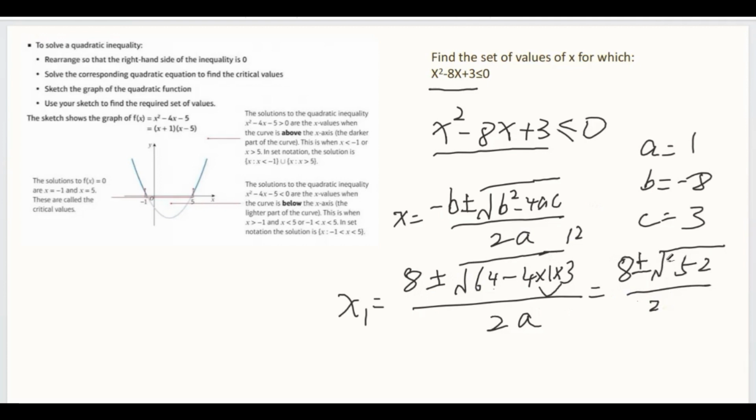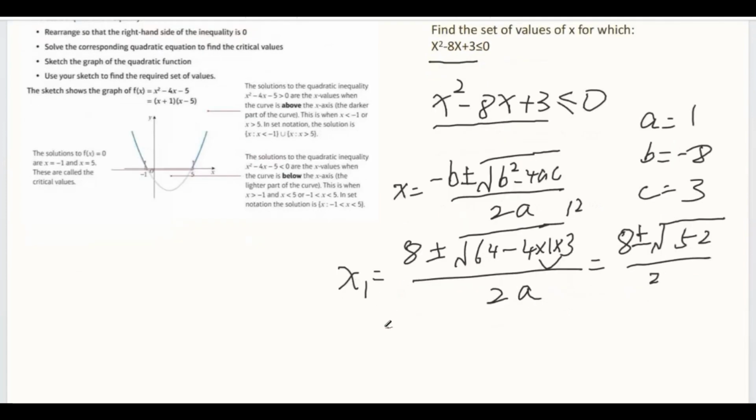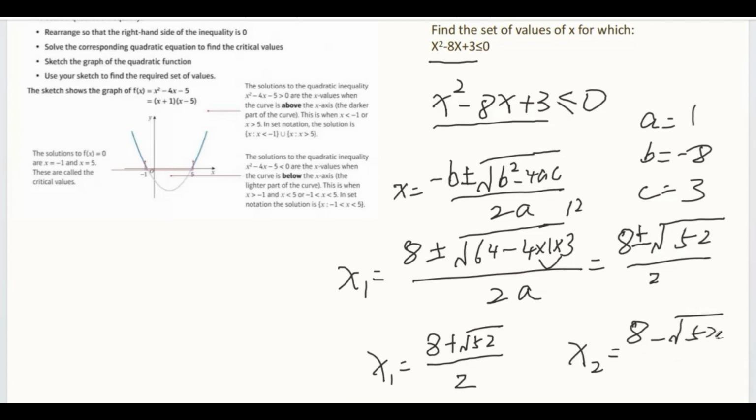So we have to find two roots. Root 1 is 8 plus the square root of 52 over 2, and x2 is 8 minus the square root of 52, all over 2.